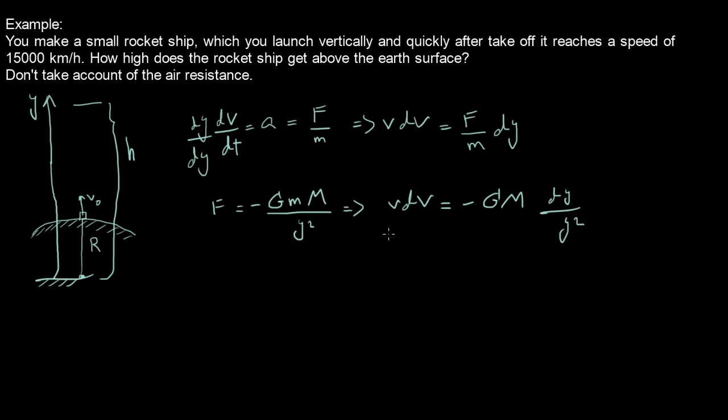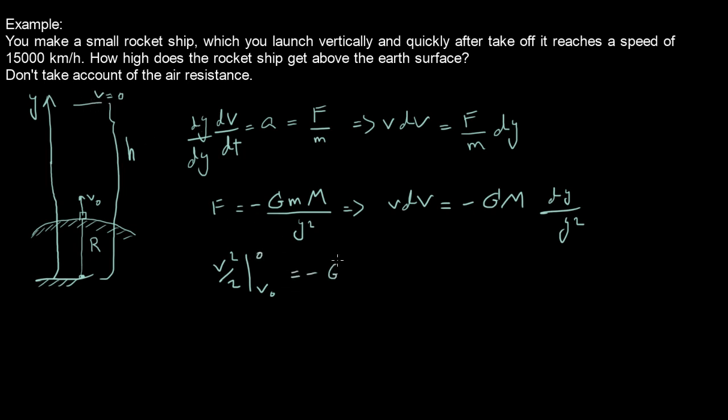So now I can integrate the two sides: v squared divided by 2, from v0, which is here, to, at this point v has to be 0, because it stops here.